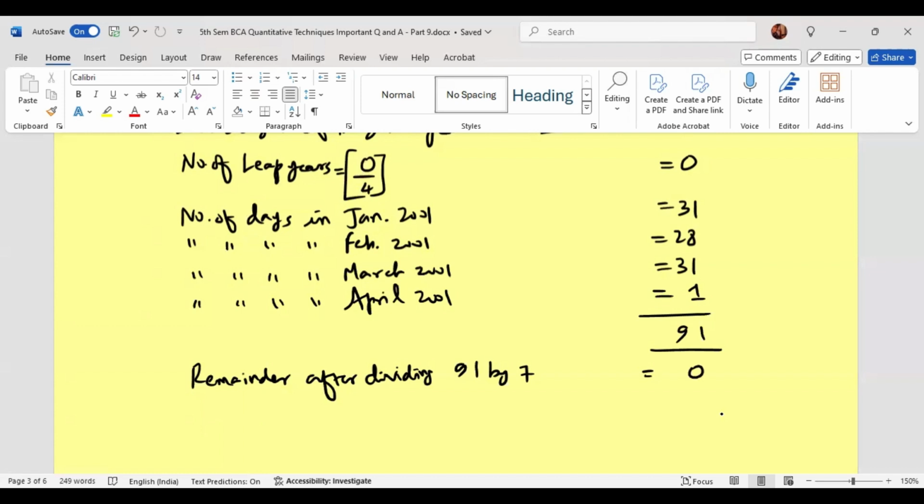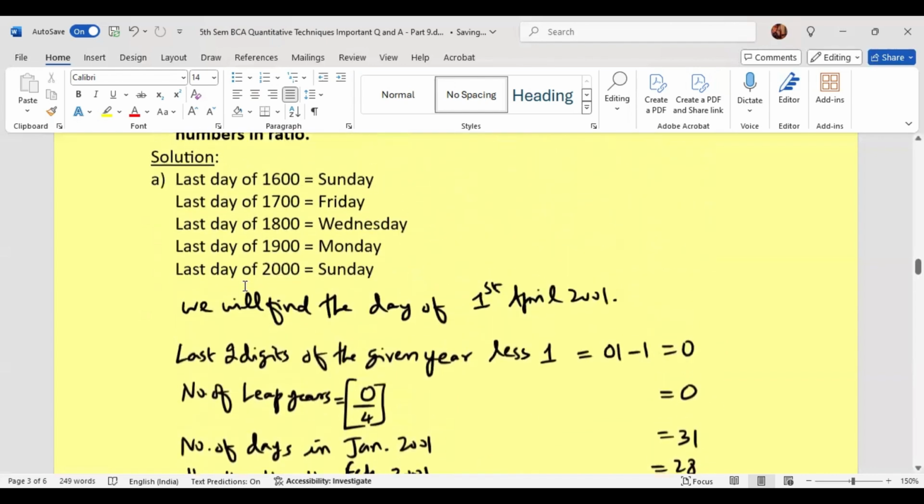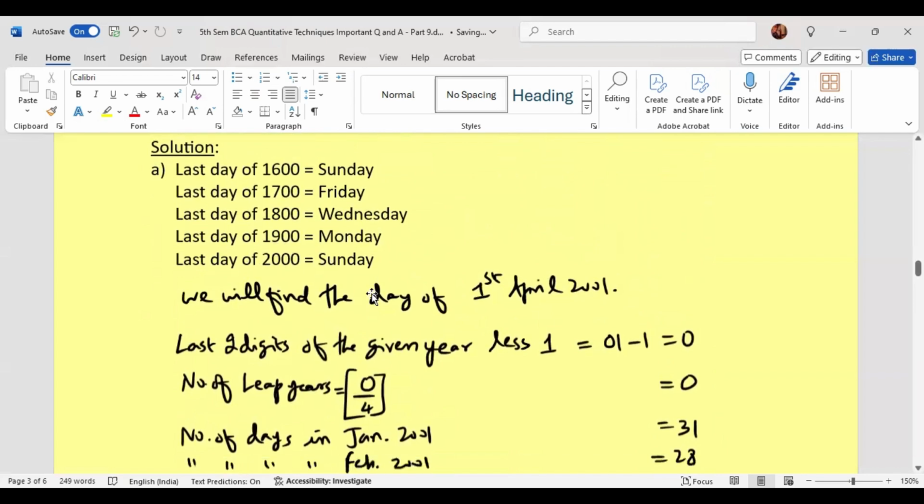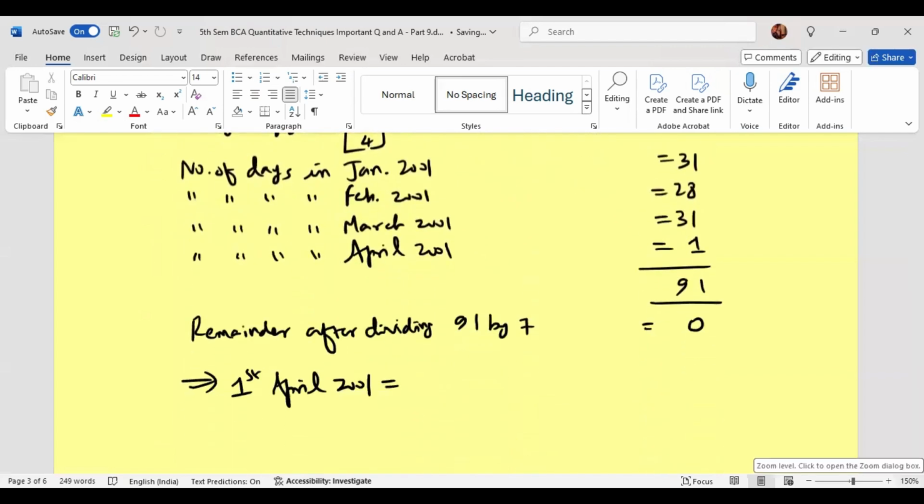So the remainder is 0. If the remainder is 0, it means that 1st April 2001, for the century 2000, the last day of the year 2000 is Sunday. So Sunday plus we will add this 0, which means it will be Sunday only.